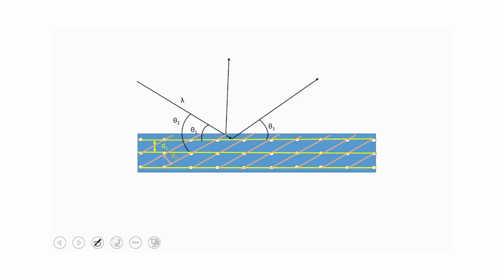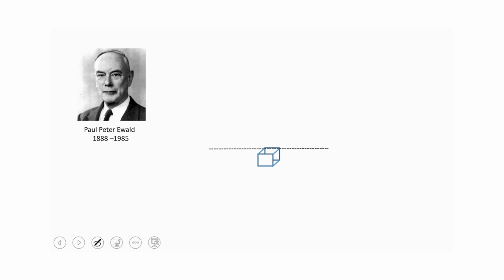To simplify the visualization even further, Paul Peter Ewald introduced the concept of a sphere, which is known as the Ewald sphere. He supposed that all reciprocal lattice points lying on the surface of this sphere represent the Bragg diffracted beam.